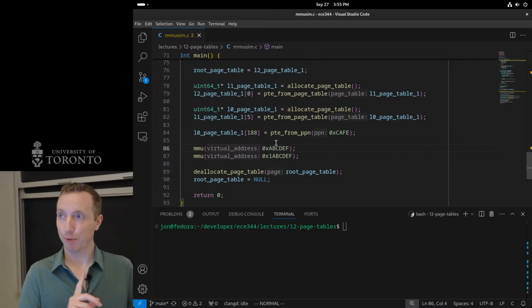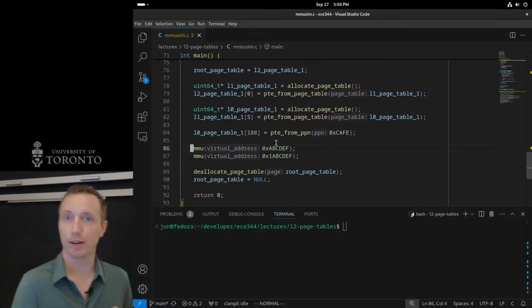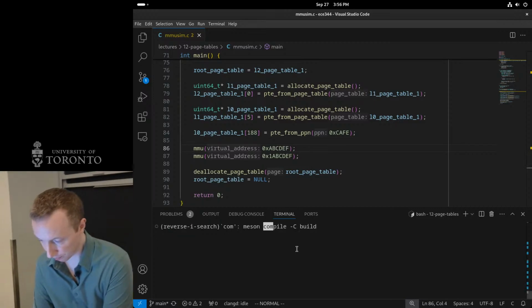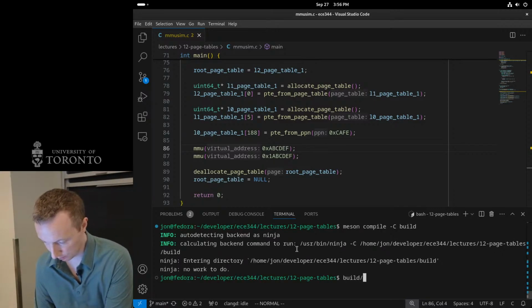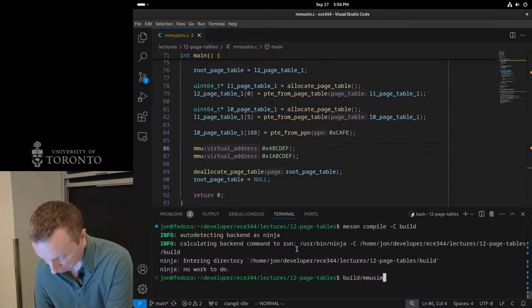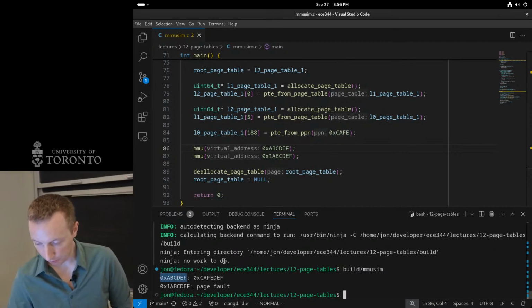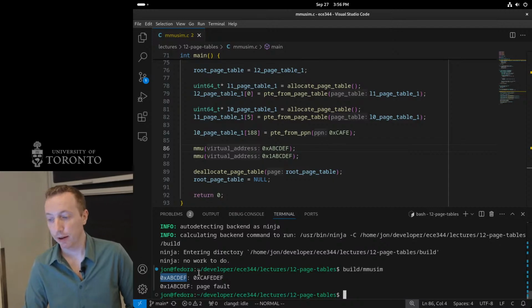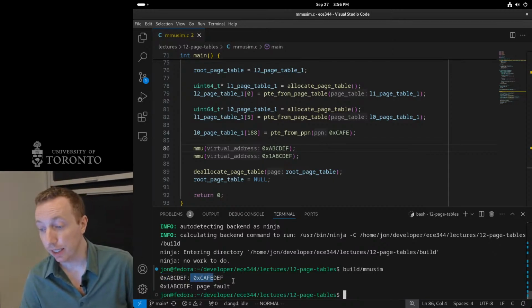Any questions before I run this and we figure out why it says what it says? If I run this, I get that virtual address ABCDEF actually maps to CAFE-DEF.